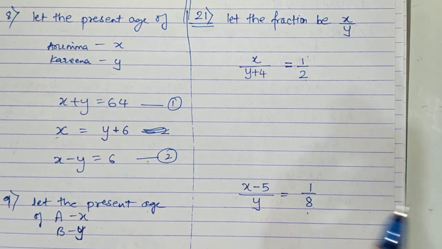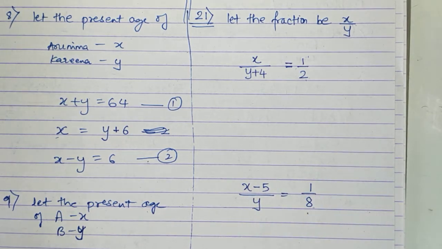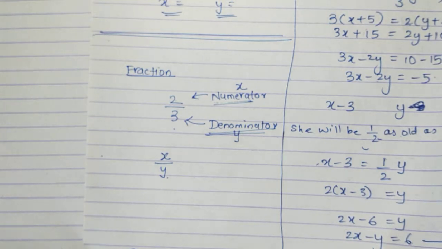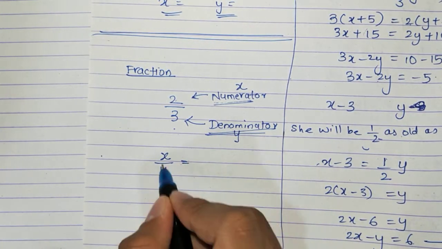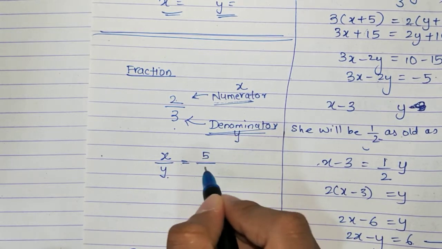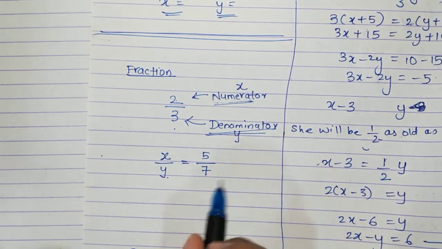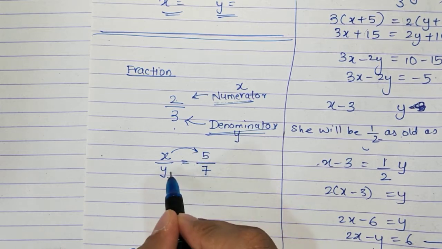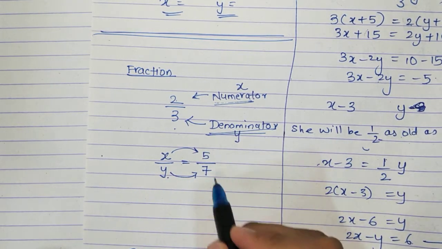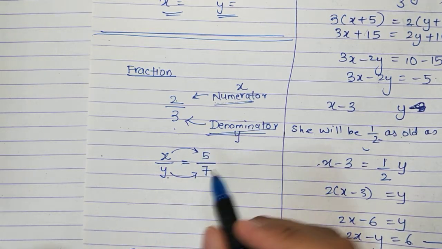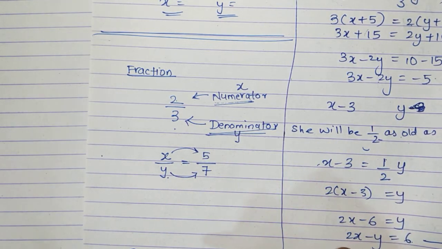And you have to understand one thing about fractions. A fraction doesn't mean, let's say, if I say x upon y is 5 upon 7, that x is 5 and the value of y is 7. It is just a fraction. How do you get a fraction? By cancelling the common terms.